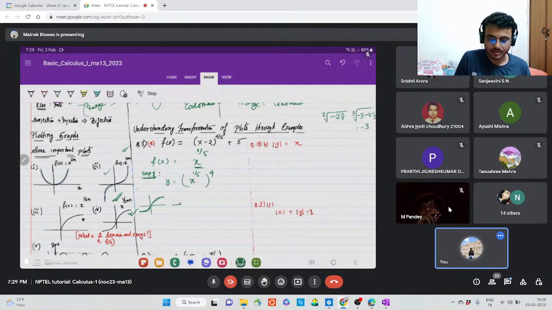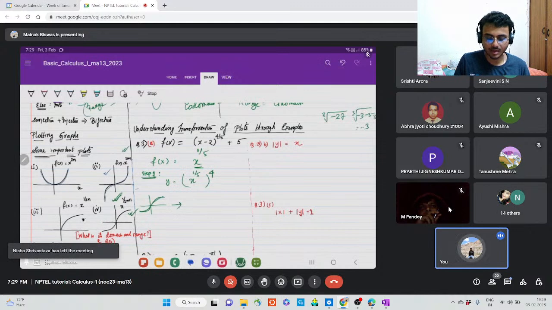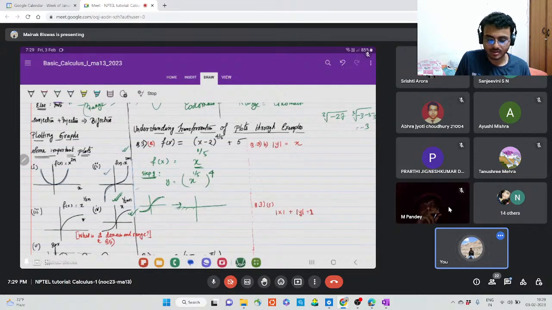Yes. Next step, I'm doing an even power to it. So even power to it means what? You will have a reflection over the x-axis. Why? I will come to that now. So you will have something like this.